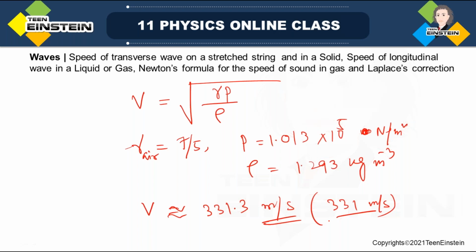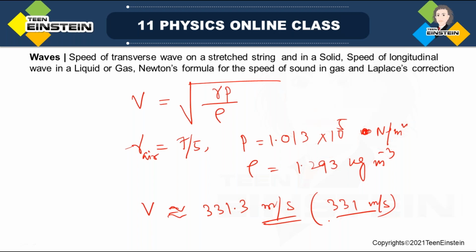So this is how we have learned today how longitudinal wave propagates in solid, liquid, and how sound wave propagates in gas, what are the corresponding speeds of longitudinal wave in liquid, gas and solid, and Newton's formula for speed of sound in gas and Laplace's correction, etc.